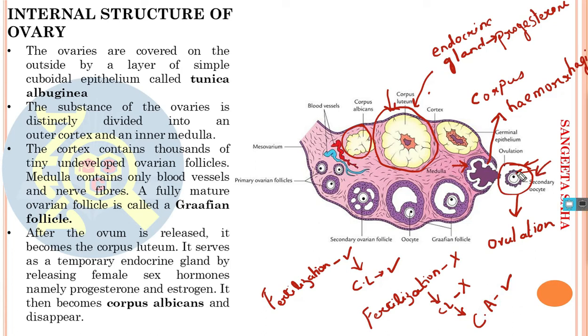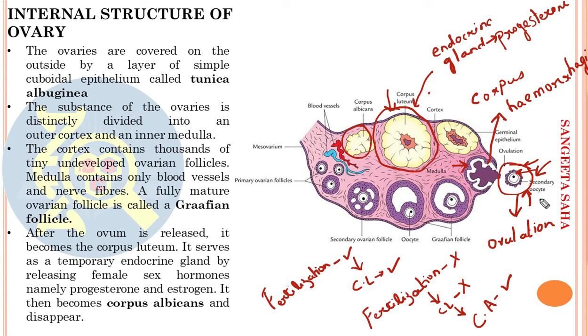Clear? Every female undergoes up to the ovulation period, that is the release of the secondary oocyte from the Graafian follicle. That is why every month the egg is released. Now, depending upon whether fertilization takes place or not, the corpus luteum will persist.